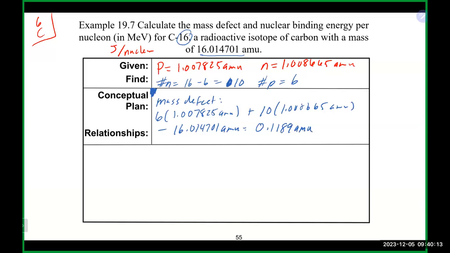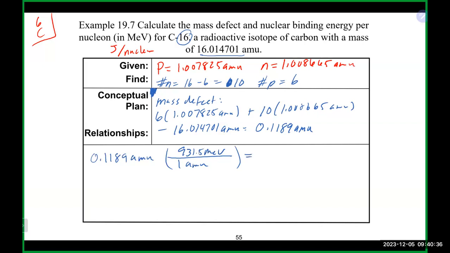Since the original question was in mega electron volts, as I mentioned before, you can just use the conversion and go right into mega electron volts, which is 931.5 mega electron volts.